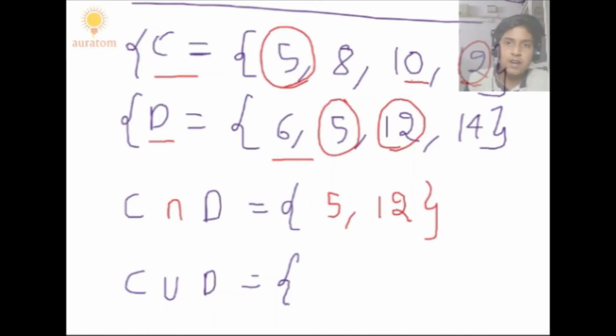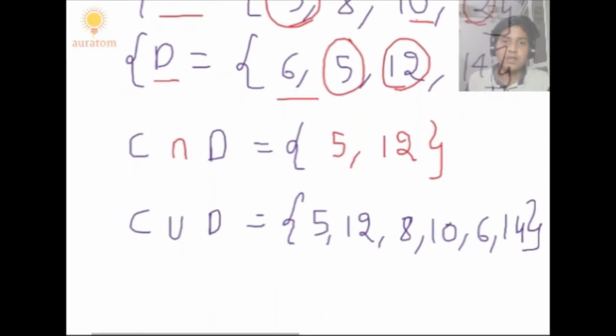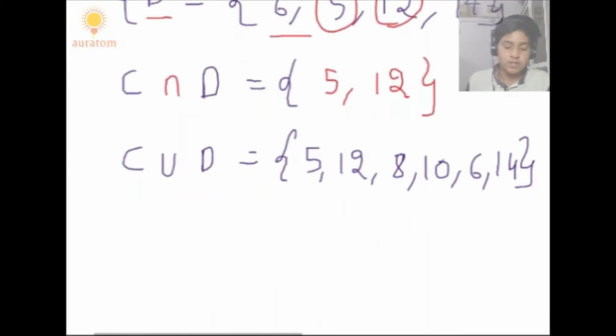First, let's write the common elements from C and D, so we don't end up writing them twice, which are 5 and 12. And now let's write the other elements from C and D, which are 8, 10, 6, 14. And that's it. We are done with the first two operations, that is intersection and union. They are pretty simple operations.